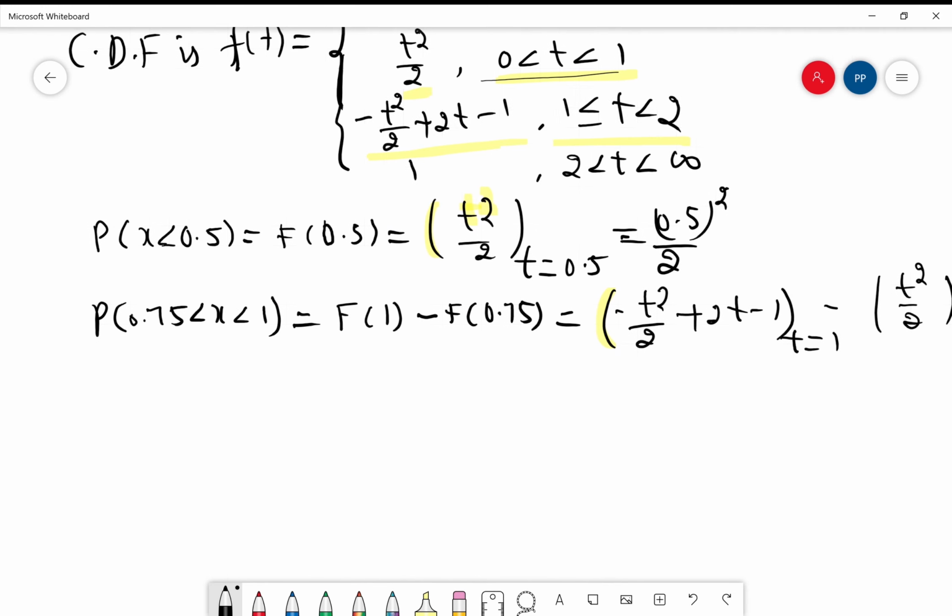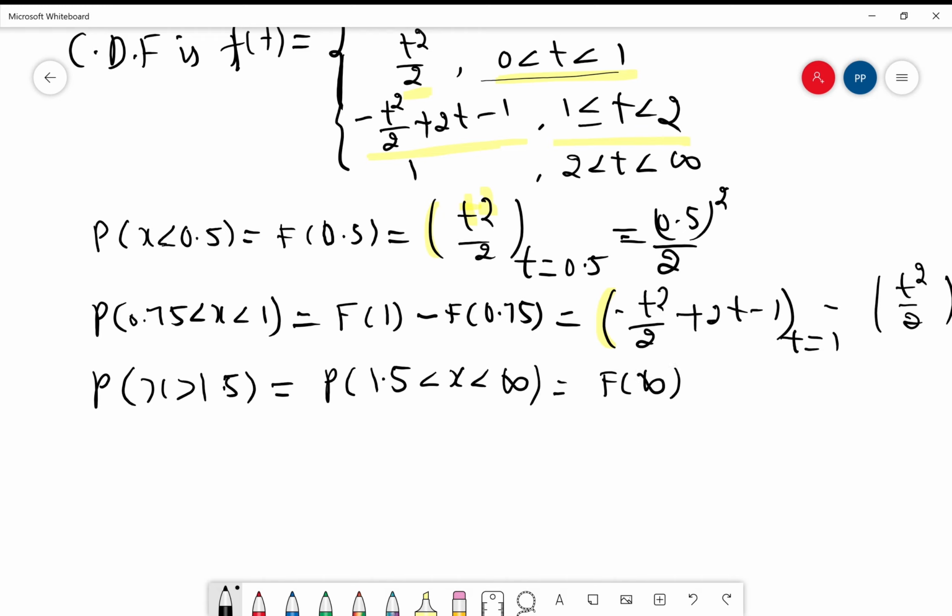Last one is P of x greater than 1.5, which can be written as the probability of 1.5 less than x less than infinity, which can be written as F of infinity minus F of 1.5.